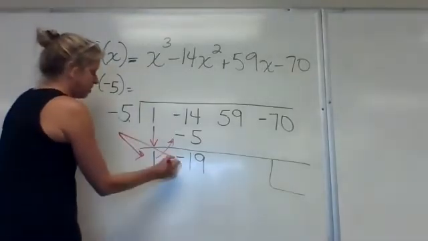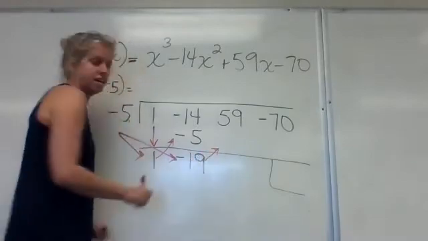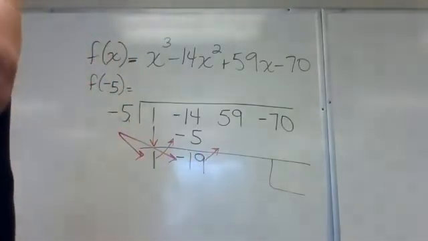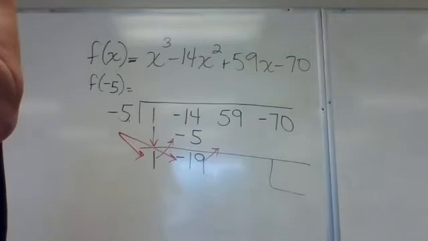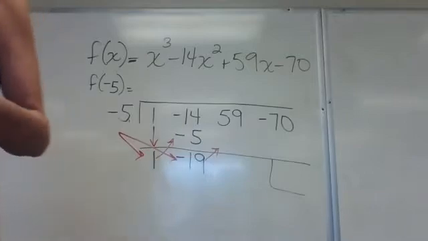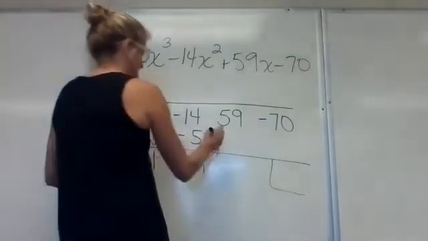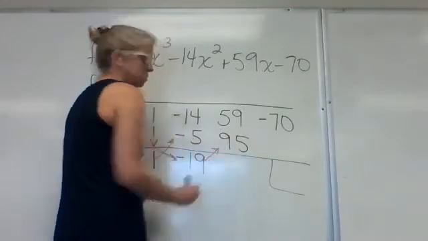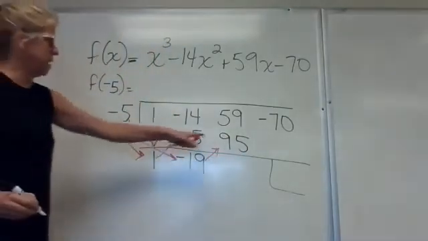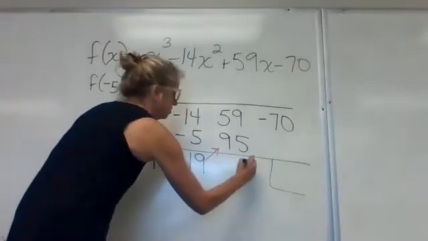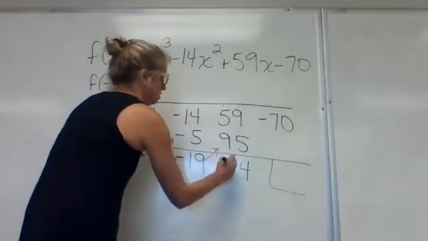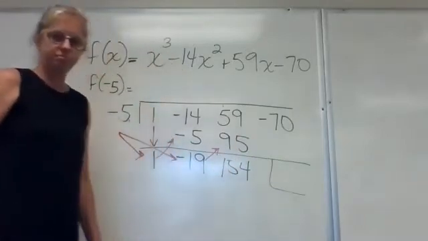And start over, -5 times -19 gives me 95. Combine it with the 59 on top of it. 154.